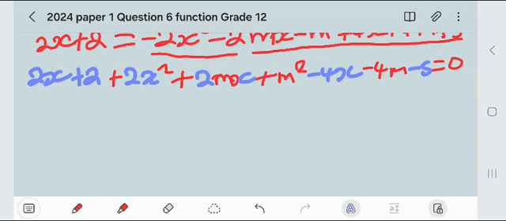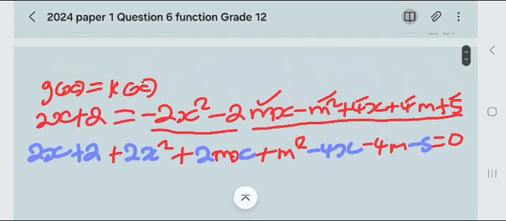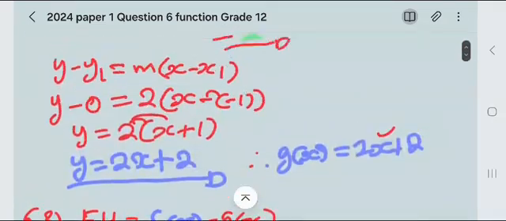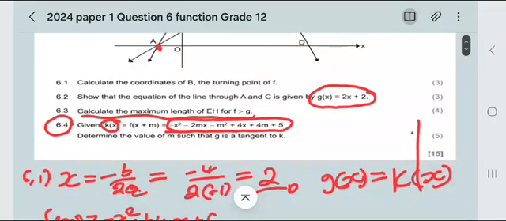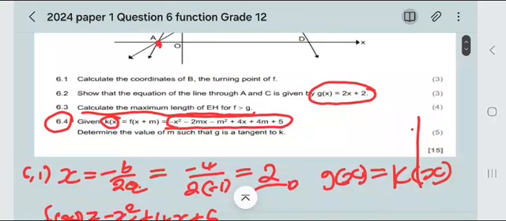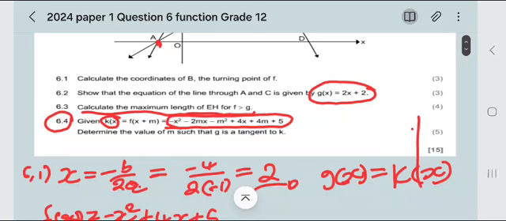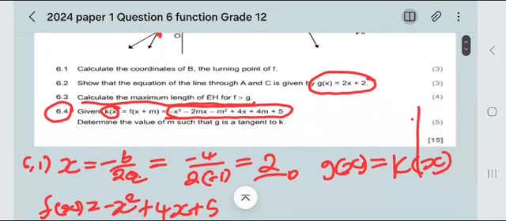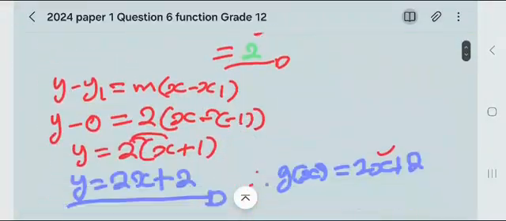Let's see how we go about this. Let me check that I've taken this correctly. It is not minus 2, it is minus 1. Also that is minus 1. So here this is minus 1, not minus 2.